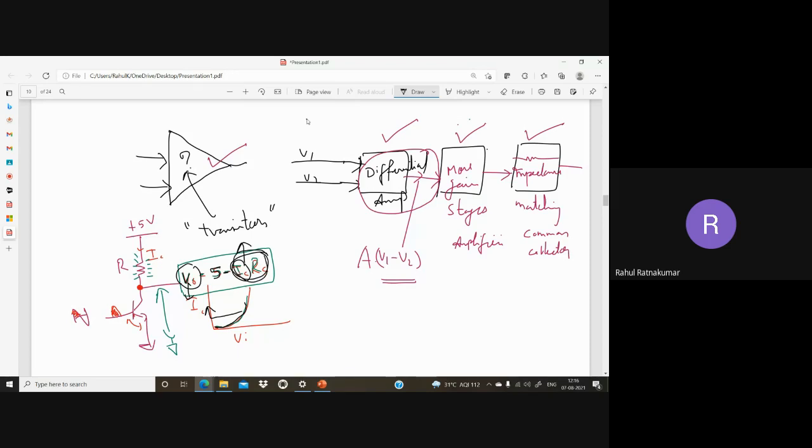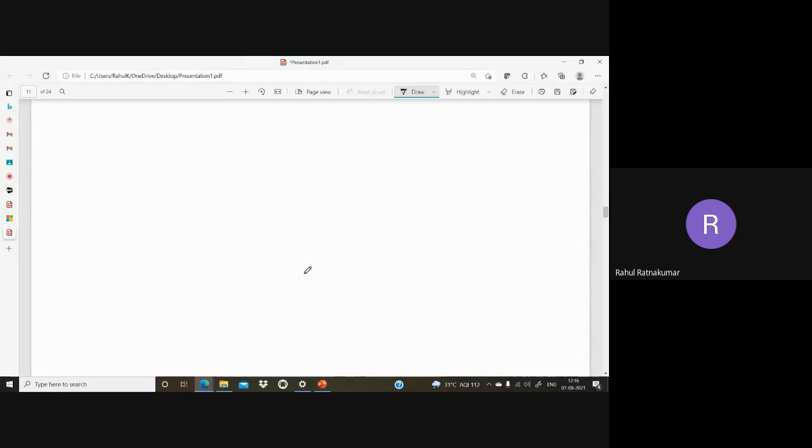So as my input is rising, the base-emitter voltage is increasing, IC is increasing, and Vout is reducing. This node is getting pulled down, so the voltage is coming down. Now I think you're getting more understanding of what is happening.